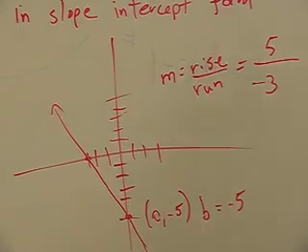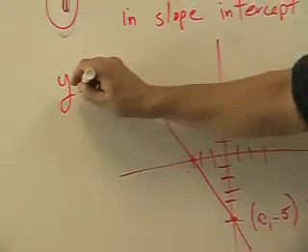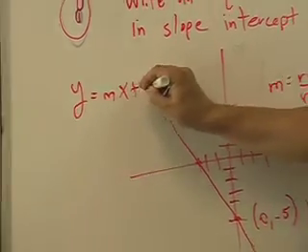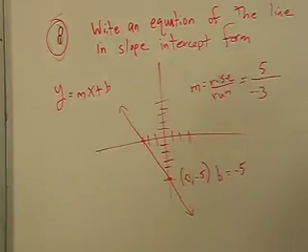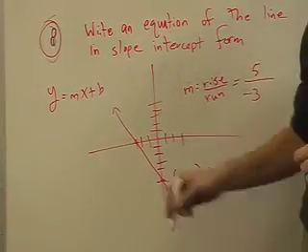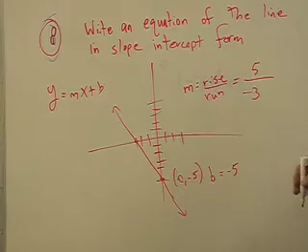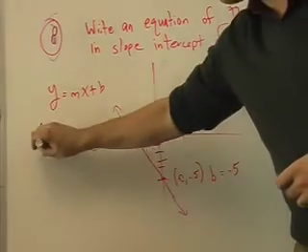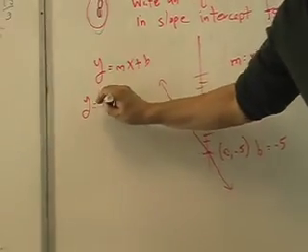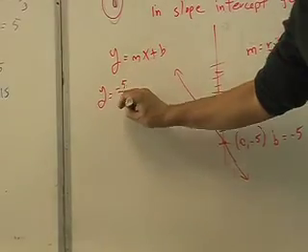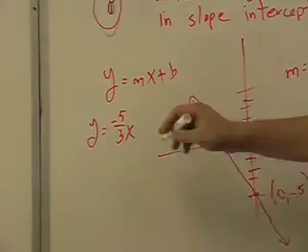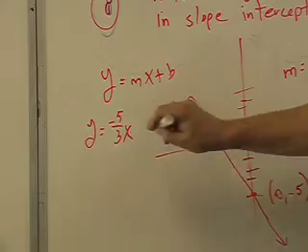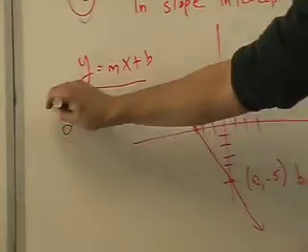What do we use? Our good old friend, y equals mx plus b. How many times have we used y equals mx plus b on this test? We've used it at least 5 times, and we're using it again. Y equals mx plus b, and simply plug in what we found. Negative 5 over 3x, because that's our m, plus b, which is negative 5, so we just write negative 5, and we're done.